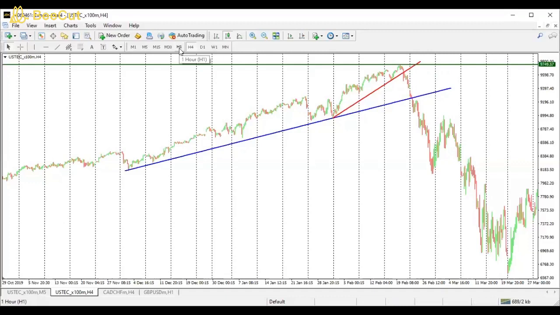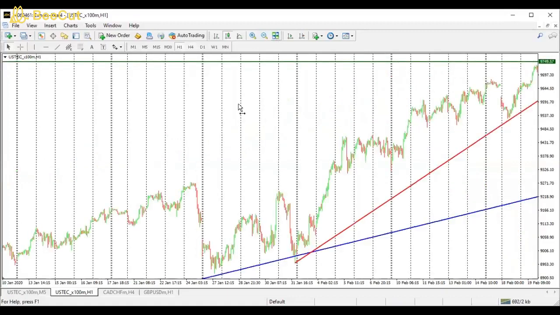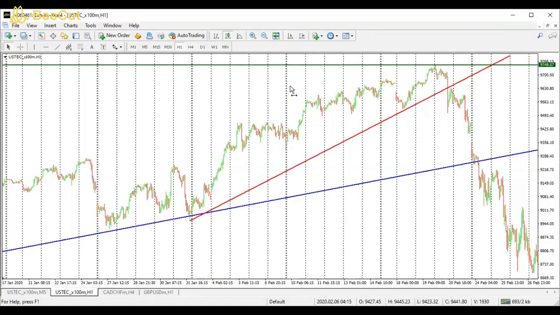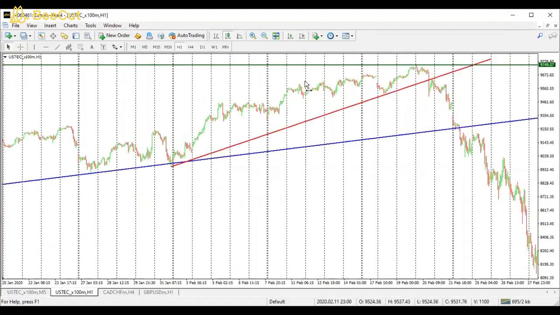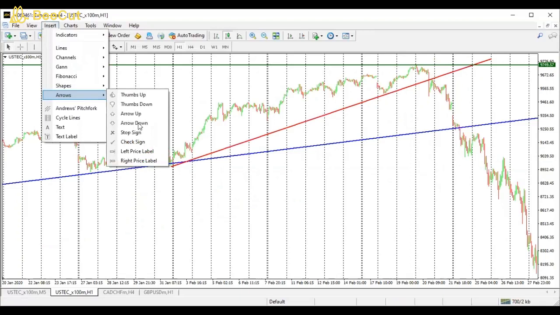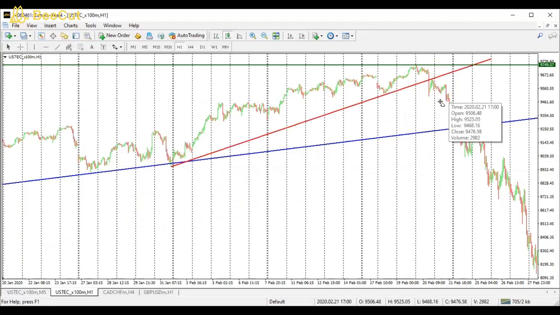But in this case, let us continue to the smaller time frames and move on to H1 and see what the view is over there. So now here is our analysis from D1, H4, and now we are on H1. As you can see, ladies and gentlemen, I'm going to insert an arrow here just to show you where we would have entered using this strategy.